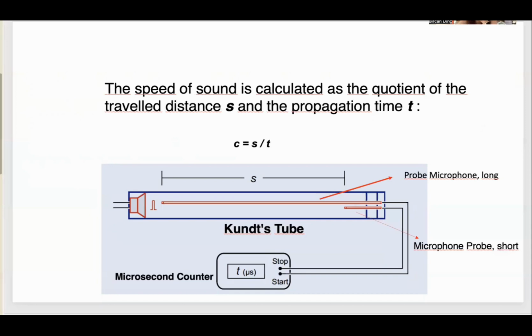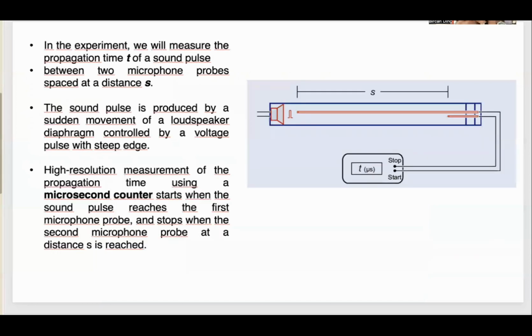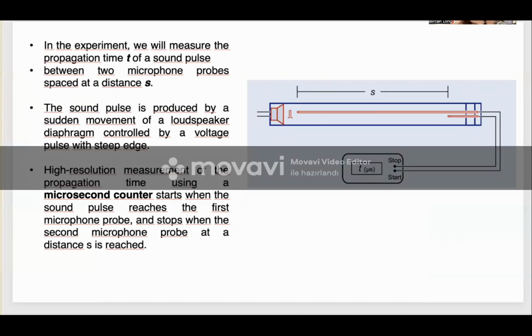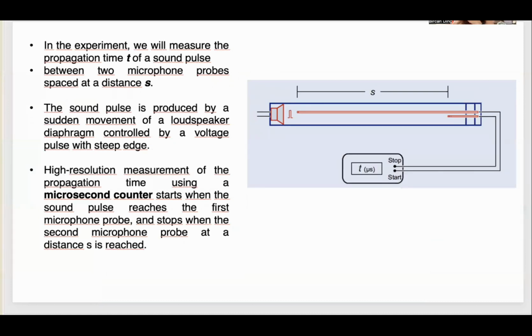We will measure the sound wave propagation time T of sound pulses between 2 microphone probes spaced at a distance S, so we know the distance. And the pulse is produced by sudden movement of a loudspeaker diaphragm controlled by a voltage pulse with step height.